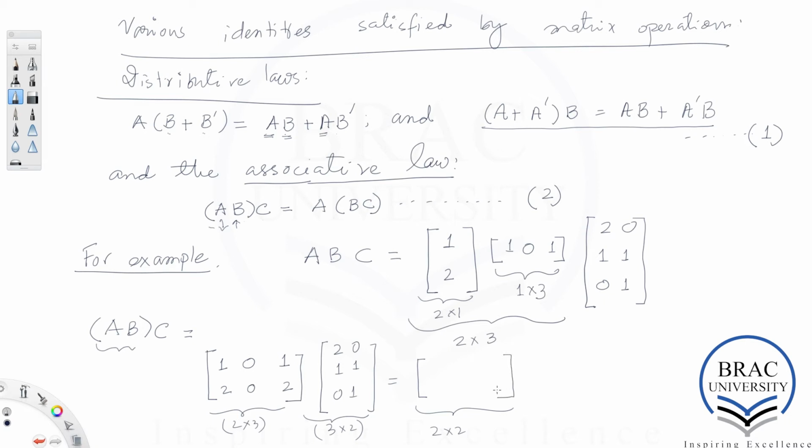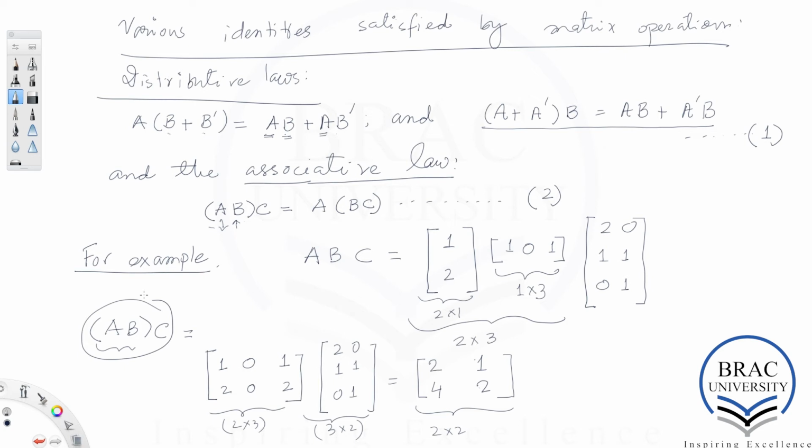So let's compute it. 1 gets multiplied with 2, 0 gets multiplied with 1, and 1 gets multiplied with 0. So the result is just 2, and this entry is going to be 1. This entry is going to be equal to 4, and this final entry is going to be equal to 2, right? 2, 1, 4, 2. This is what we get if we write the product this way.